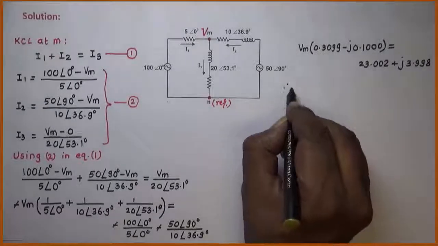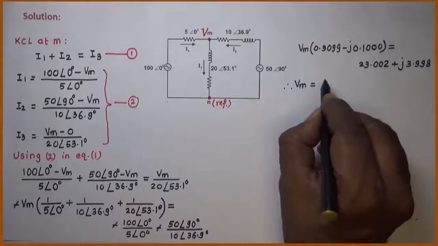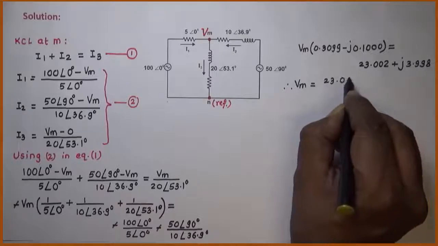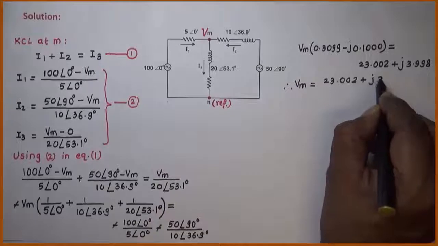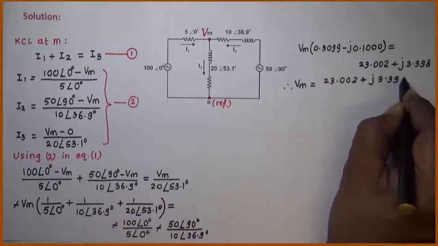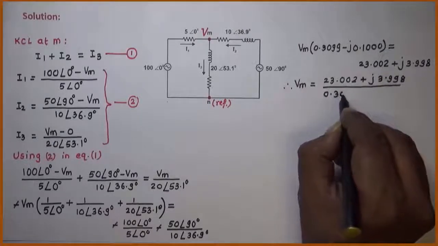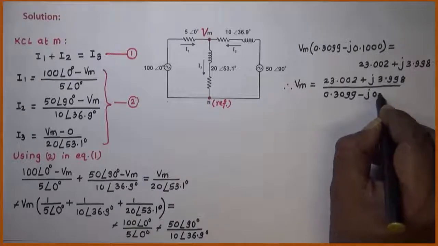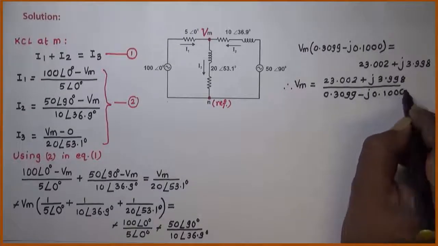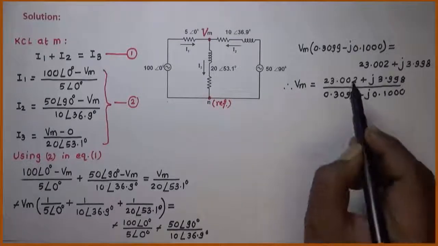Therefore, we get Vm equal to 23.002 plus j3.998 divided by 0.3099 minus j0.1000. Again, it's time for calculation. Pause this video here and calculate this value.